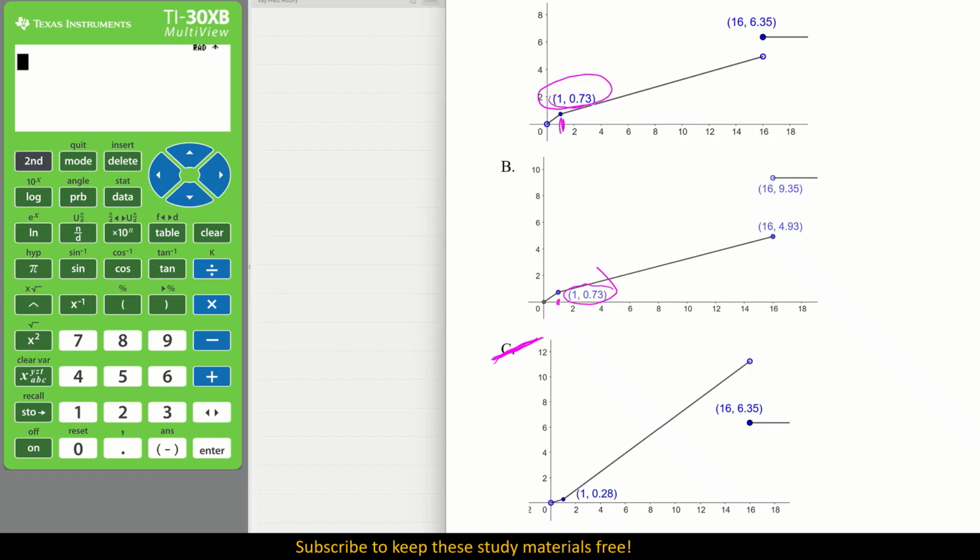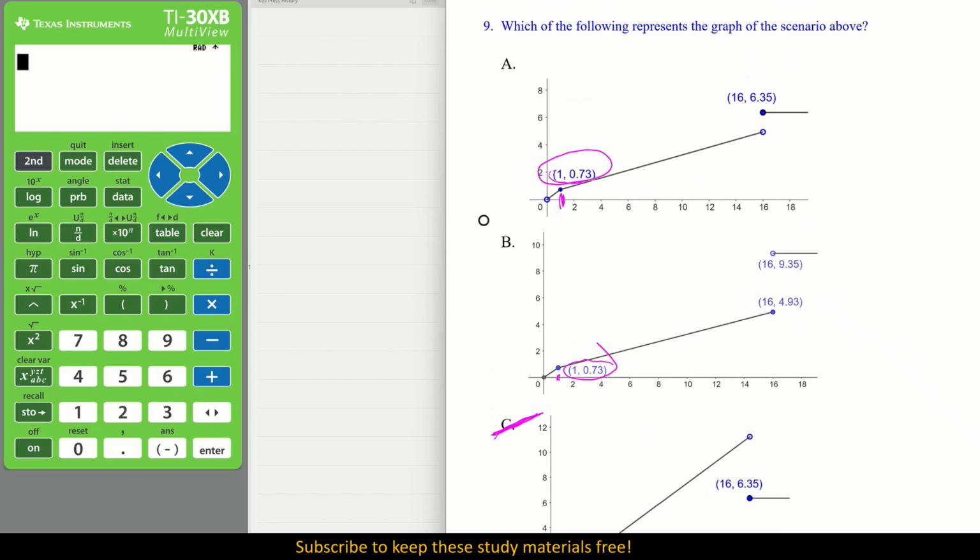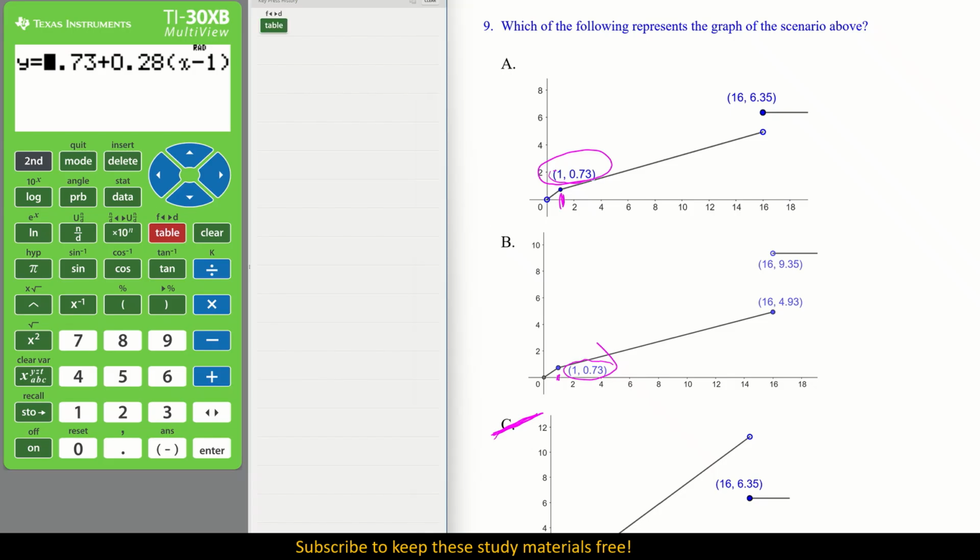Okay, so now let's keep looking. Let's go back to A and B. Now remember, we went from 1 ounce, greater than 1 ounce, and above that, up to 16 ounces. It had to include the 16 ounces. And remember what it was. So let's go to our calculator and type that in.